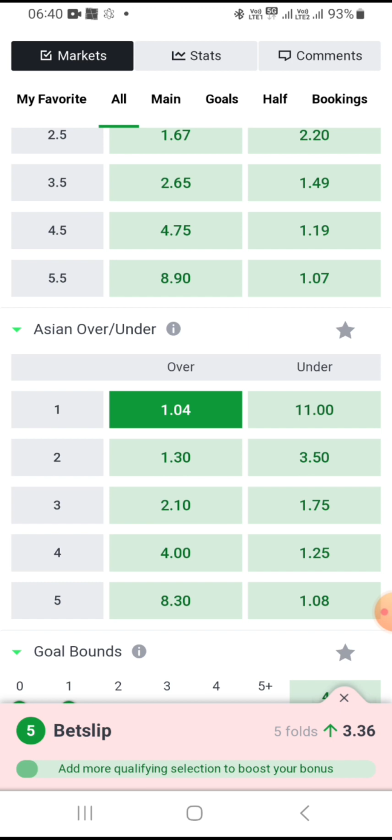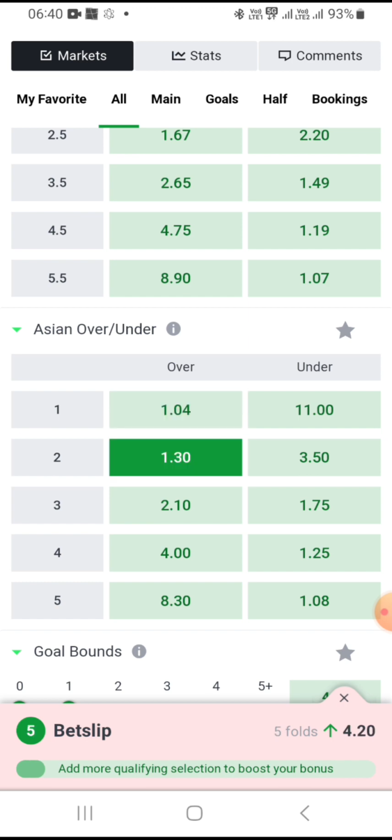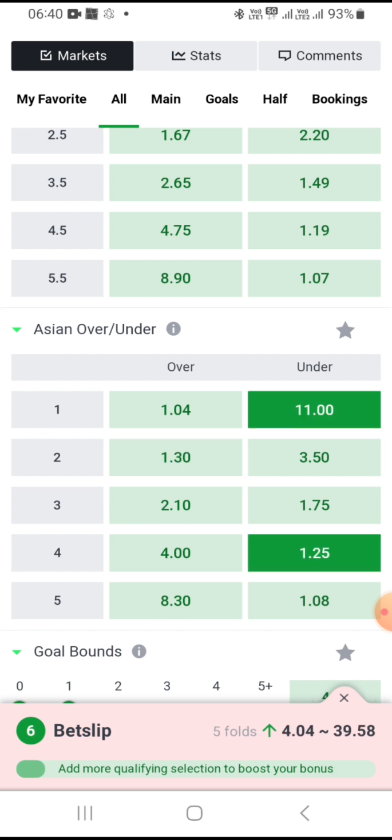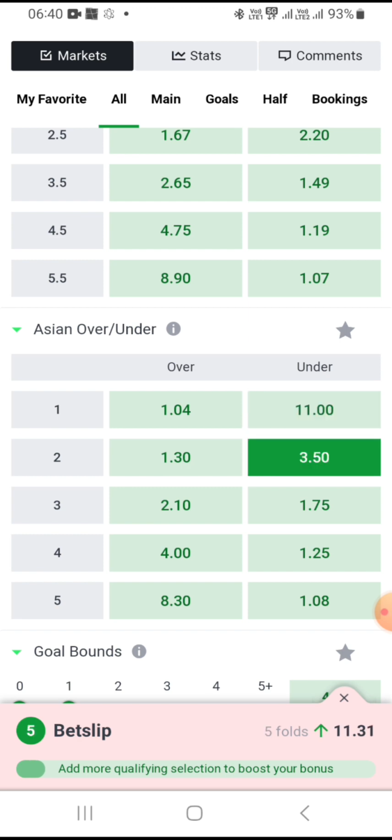Over 2: if you have exactly 2, you get your money refunded. If they play 3-1 or 4-1, you got it. If it's under 2, you failed it. When you tap this and they play 0-0 in this match, you got it. Under 1, under 2, 1-0, you got it. If they play 2-0 in this match, you failed it.